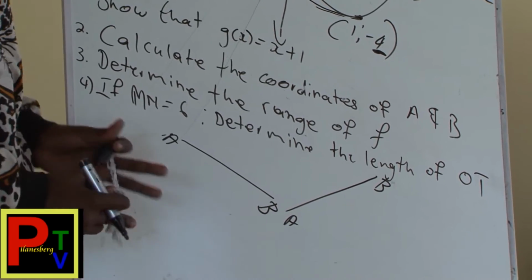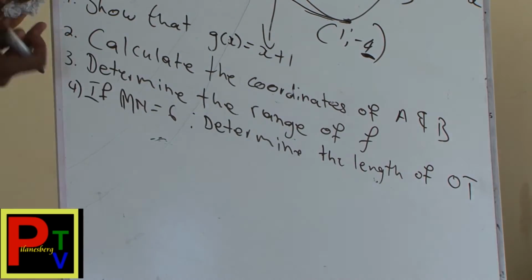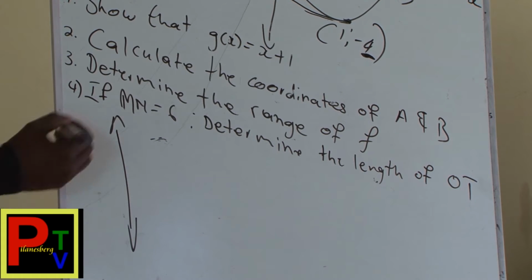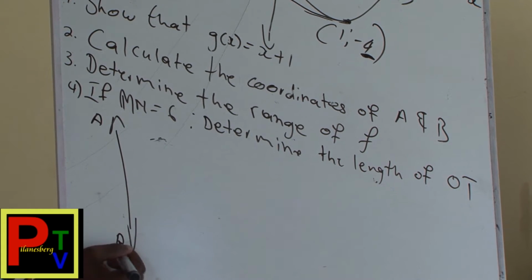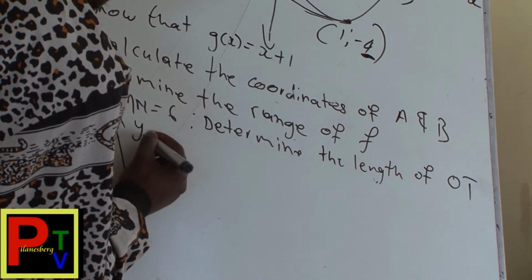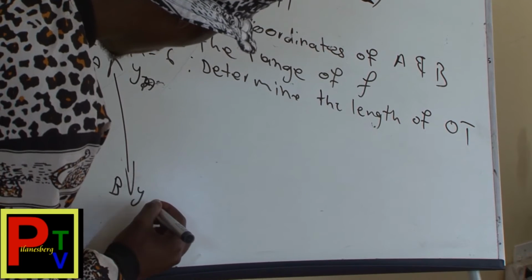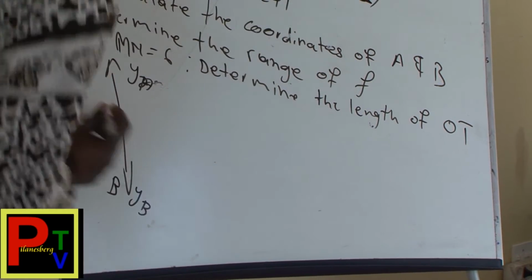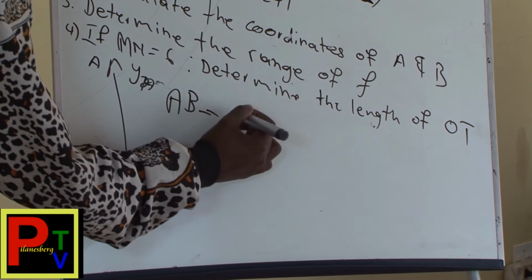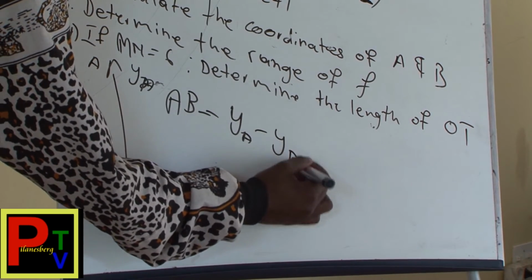But if it's straight vertical, you just take the bigger y minus the smaller y, so AB is the same as the y of A minus the y of B.